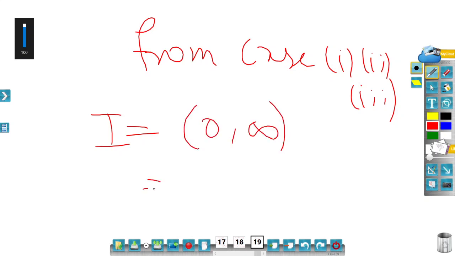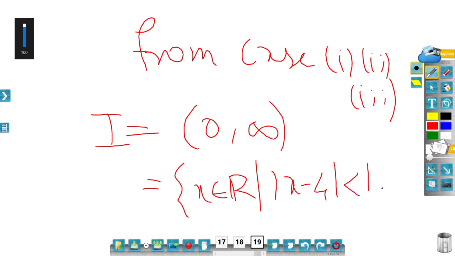So you could see that this is x belongs to R such that mod x minus 4 less than mod x plus 4. If you take any positive real number, then definitely this is going to hold. So this set can be written as the open interval 0 to infinity.